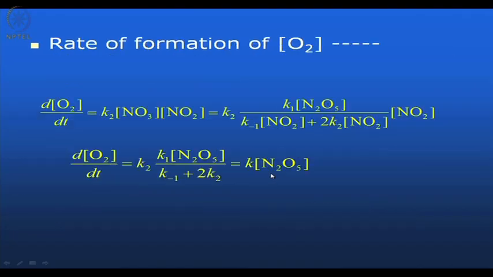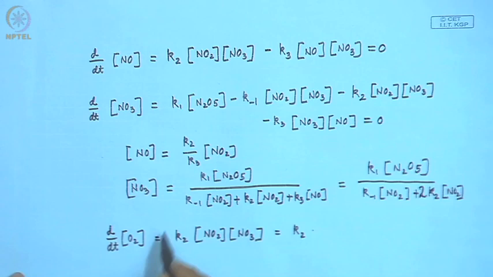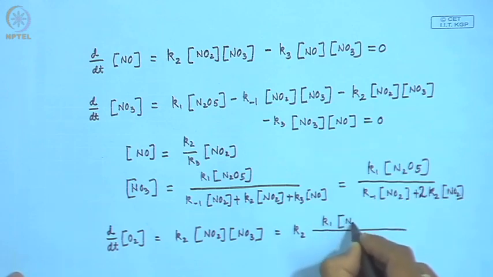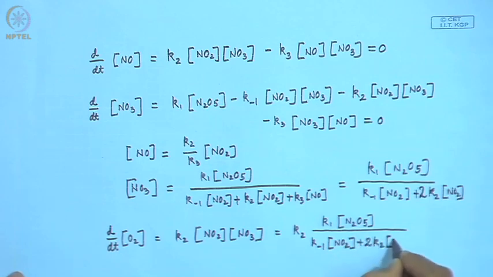So, K2 NO2, and the concentration of NO3 is from here, that means K1 N2O5 divided by K minus 1 NO2 plus 2 K2 NO2, times NO2.